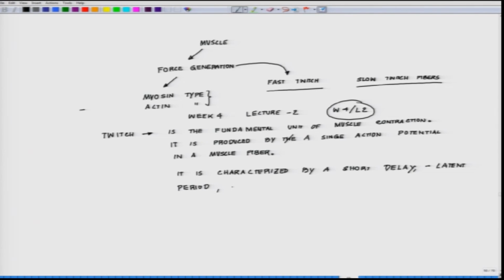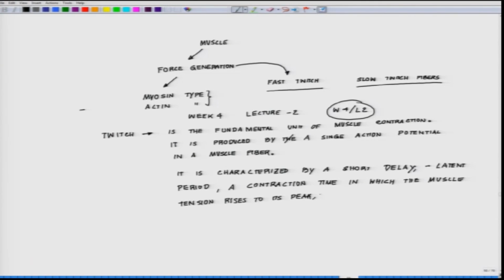Then a contraction time in which the muscle tension rises to its peak, and a relaxation time during which tension returns to the baseline.